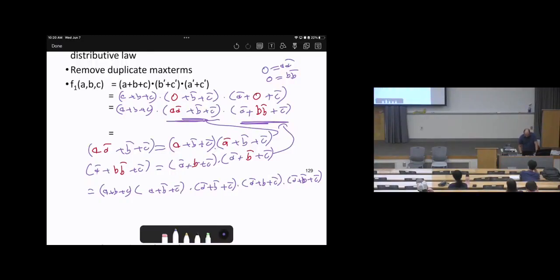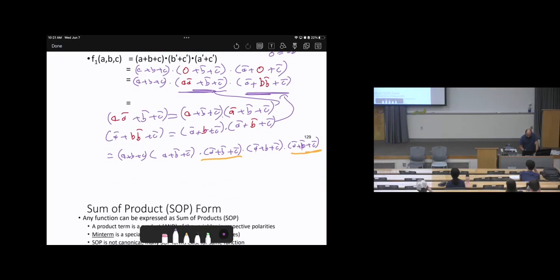Now, double check. Are there any similarities or any common terms? You will see this and this are in common. Is there any other common term? I don't think so. So we have two terms in common. So don't duplicate this. Let's rewrite it by removing the common terms.